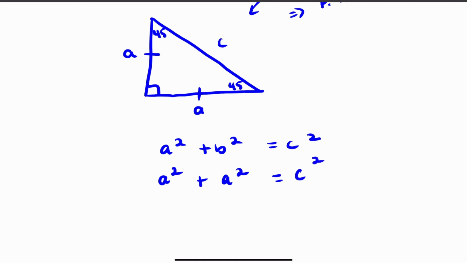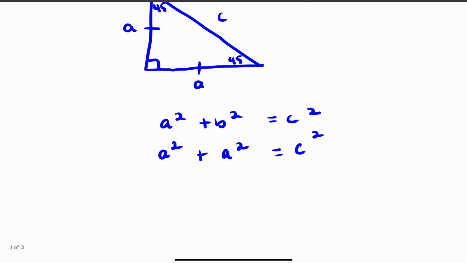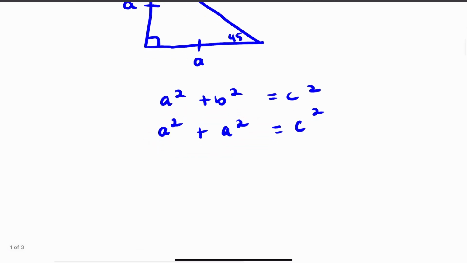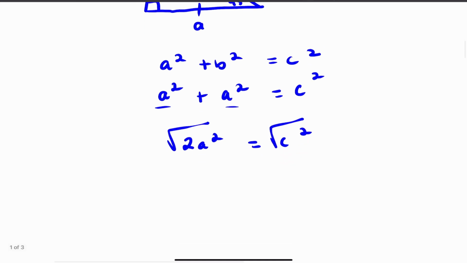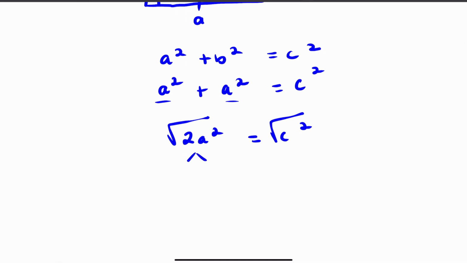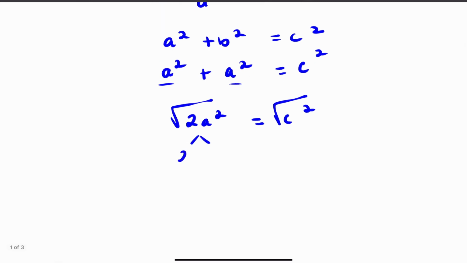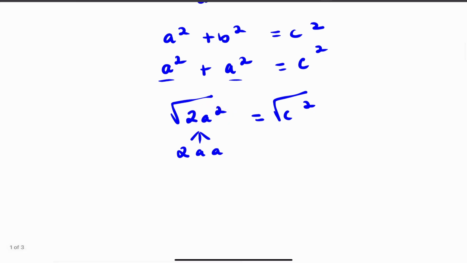So c squared. Now, a squared plus a squared, I have two a squares there, so I'm just going to combine the like terms. So we have two a squared, and that's equal to my c squared. Now, I'm solving for c, so I have to take the square root on both sides. This is basically 2 times a times a. Since I have a pair of the same a's, that means I'm taking the square root of a squared, so a is going to go outside.